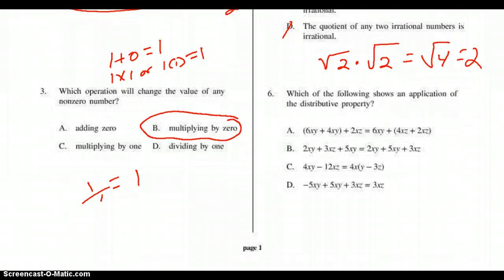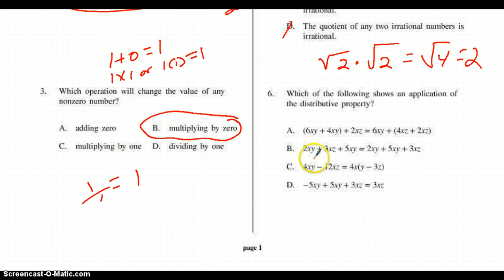Number 6, which of the following shows an application of the distributive property, just like the very first one we did. If we look at A, it says 6xy plus 4xy plus 2xz is equal to, that's not distributive. That's more or less associative.